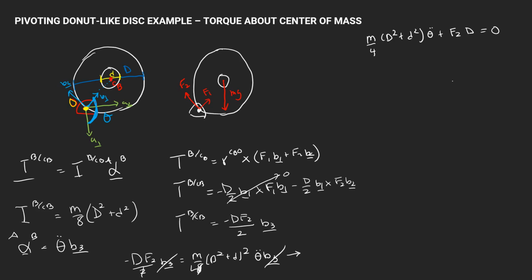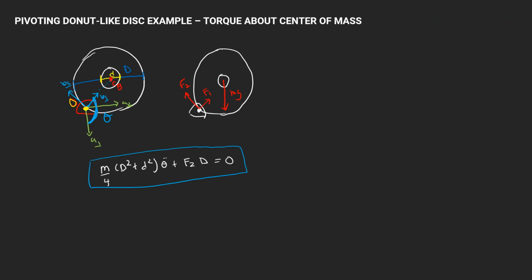I'm going to highlight this equation and clear some space. Now that we've got our equation from our torque method, let's use our force method so we can get rid of that F2 term.